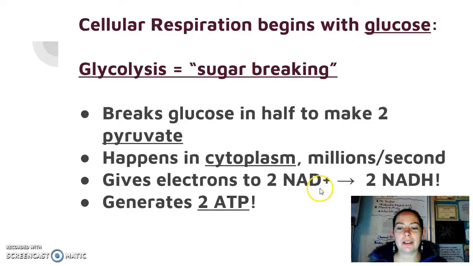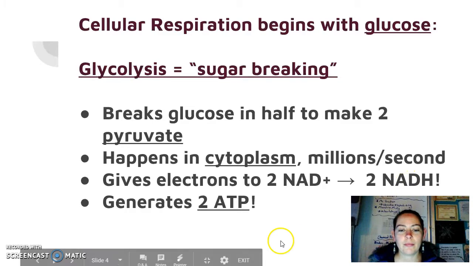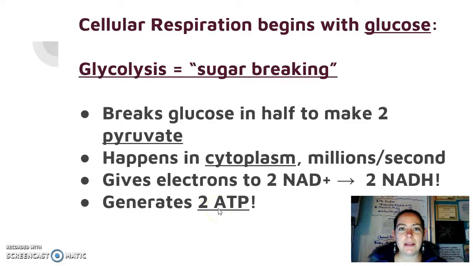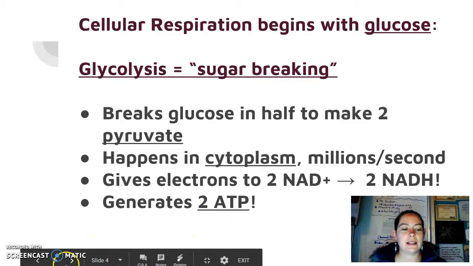It's not too important to memorize the structures of these, but hopefully you can recognize when you see NAD that this is an electron carrier. So a couple of NAD electron carriers are charged up with some high energy electrons, and they become this molecule NADH. And these are going to come in handy a little bit later. So it generates 2 ATP, not a whole lot. We're going to get some more energy out in the next couple of steps.